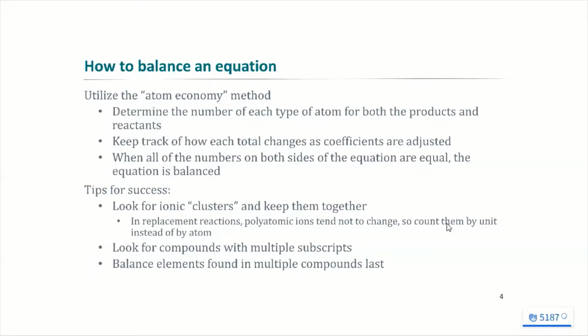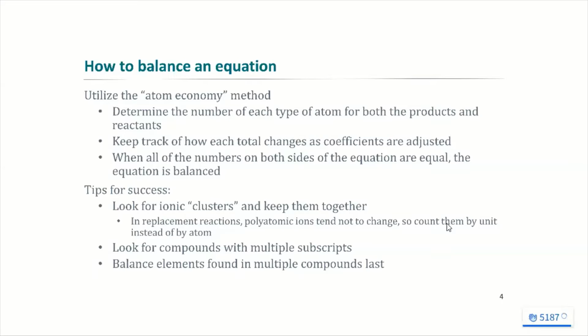This side needs another oxygen, and this side needs another iron, and it all balances out. Now, to transition from that very rigorous method to the easier, faster method, there are some things we can keep in mind that help us. First of all, one thing we can look for are what I call ionic clusters.